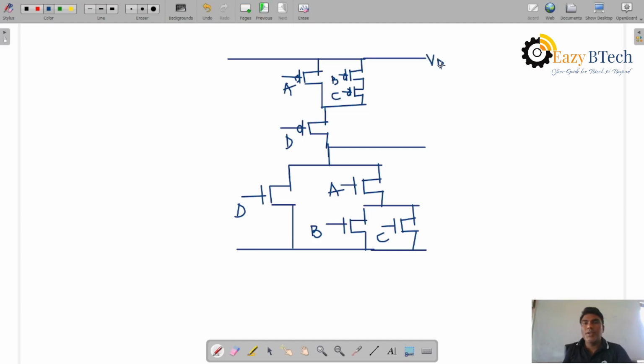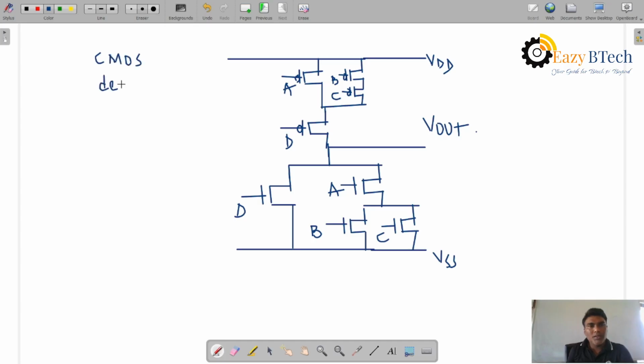This one is VDD, VSS and V out. We can also draw the stick diagram for this. So it is a CMOS gate.